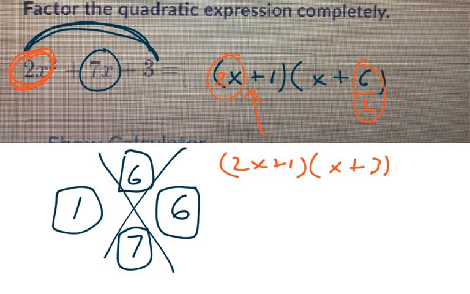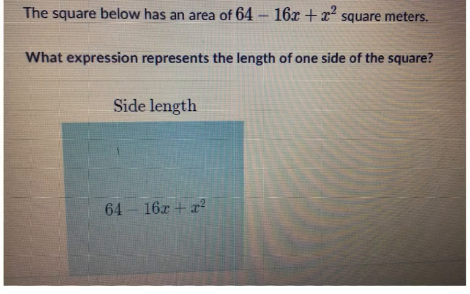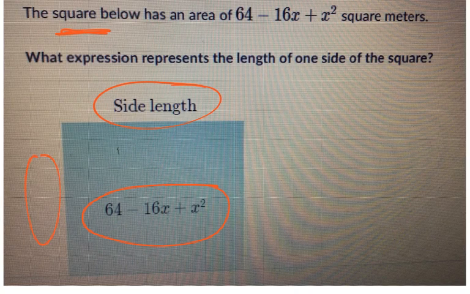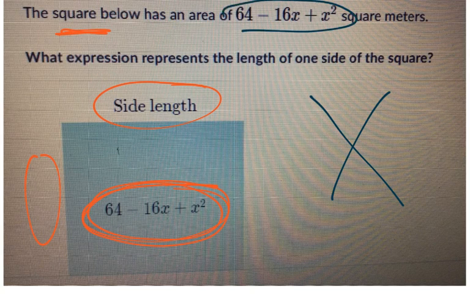All right, let's try another one. They gave us an area problem again. It's a square. What they're telling you is this side and this side are the same, right? So we're going to factor this where both numbers are the same. Actually, we did this one once before, didn't we? So notice what we're going to do here, guys, is let's just go ahead and rearrange this.